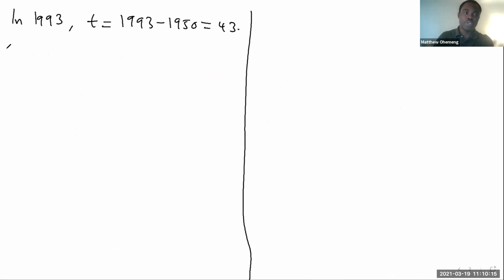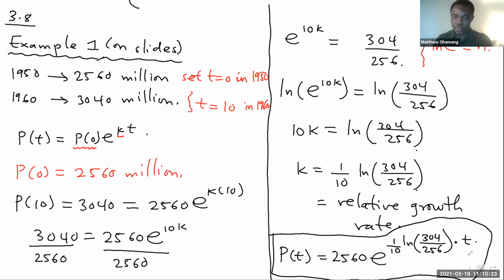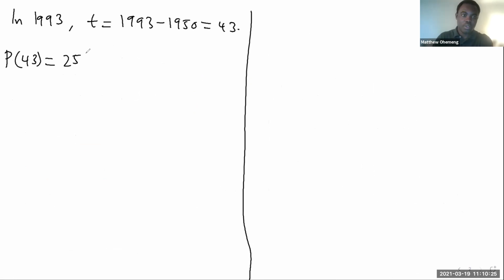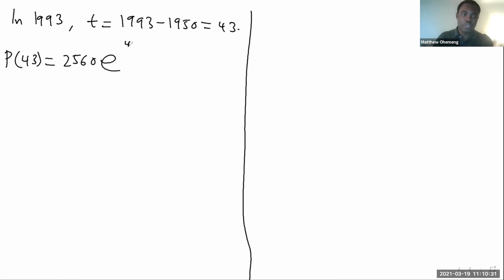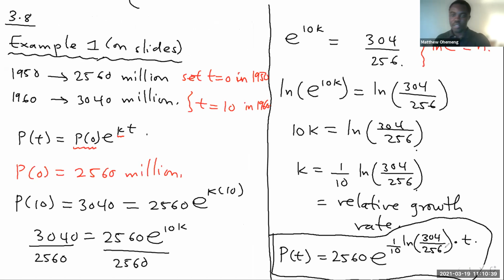So all that you need to do is, since you have the model for the population at any time t, you just find P of 43, and that'll give you 2560 times e to the k, which is 1 over 10, so 43 over 10 times ln of 304 over 256. I hope I got it right. Yes.